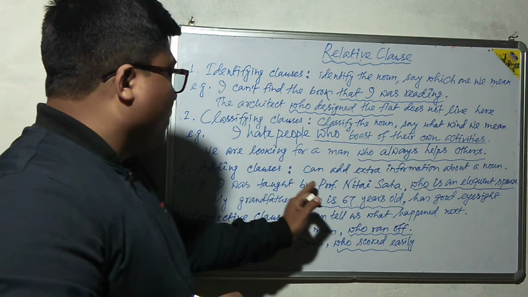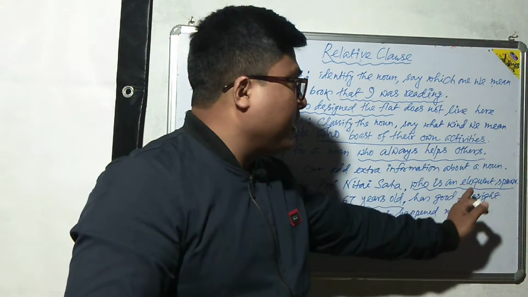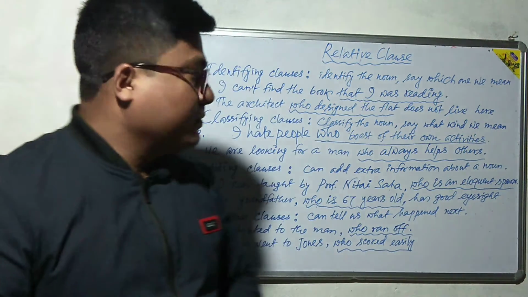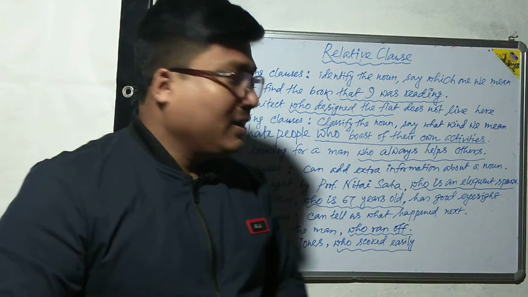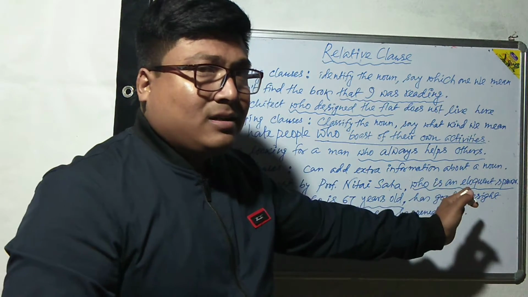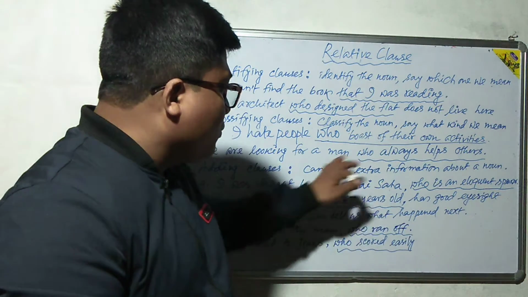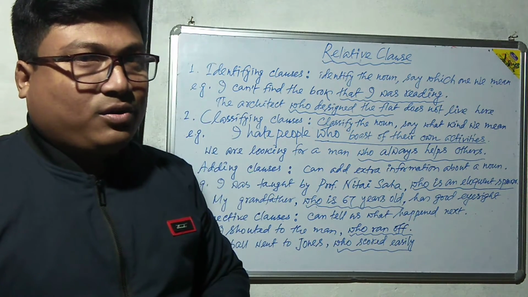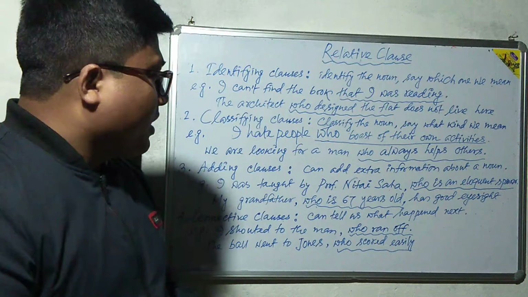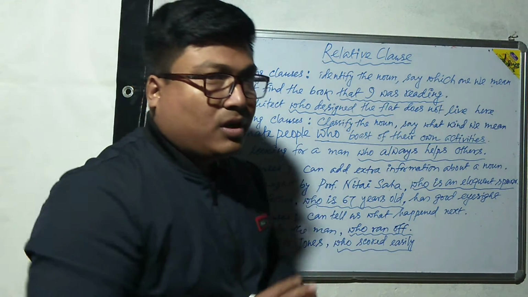I was taught by Professor Nitai Shah, who is an eloquent speaker. So the underlined clause is an adding clause. This clause is just giving us further information about the noun Professor Nitai Shah.